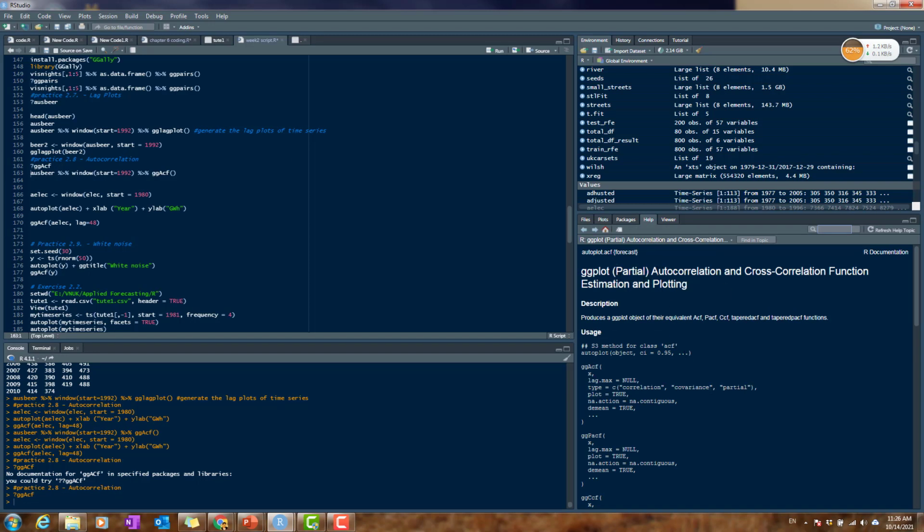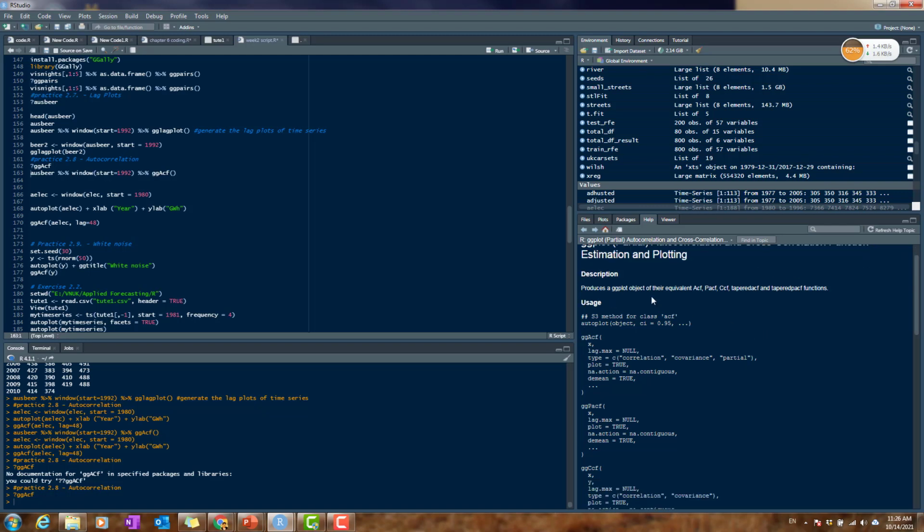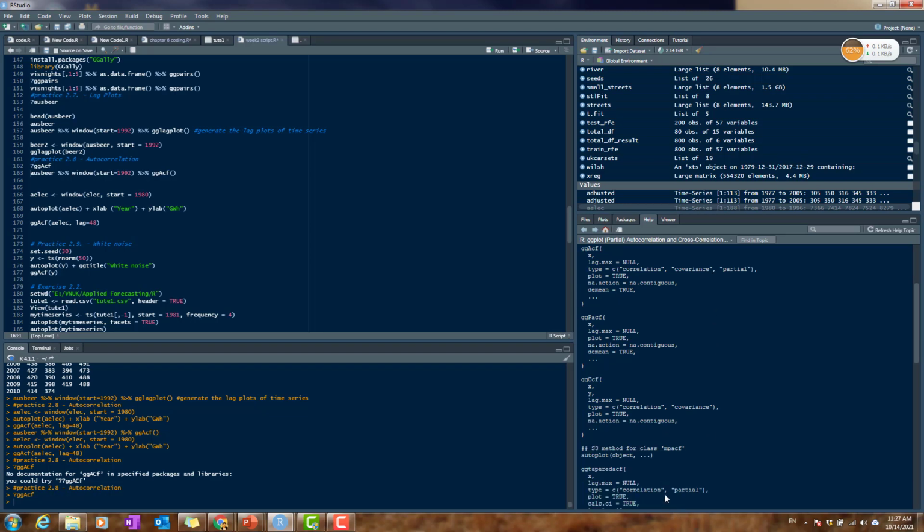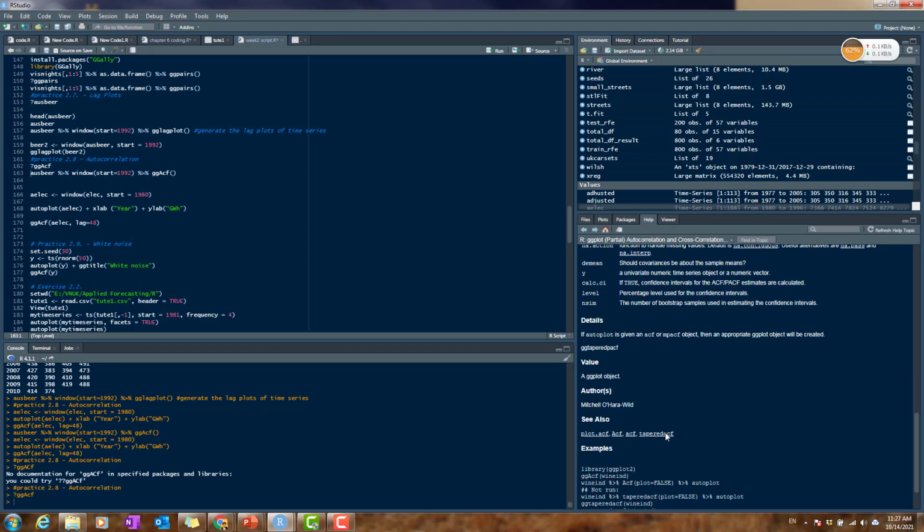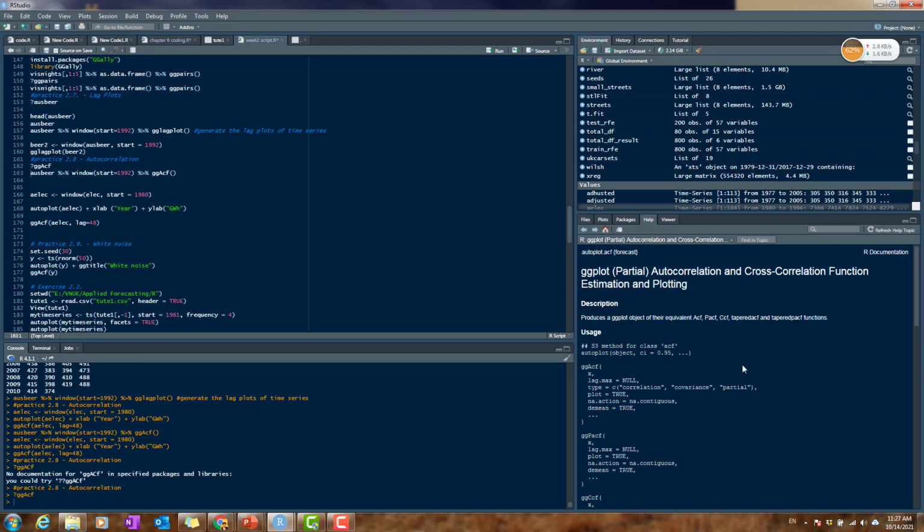It's the ggplot autocorrelation and cross correlation function. Here it produces a ggplot for the ACF, and you can see all the syntax and arguments. It gives an ACF object to generate the autocorrelation plot.